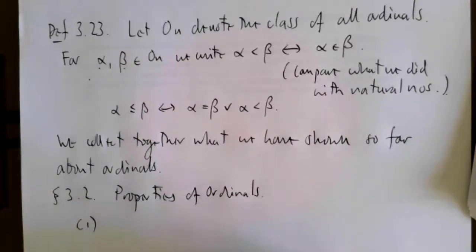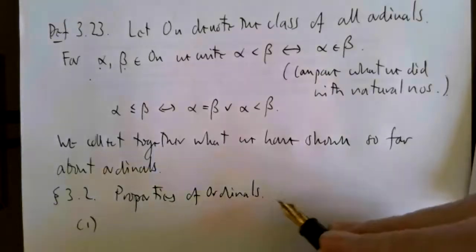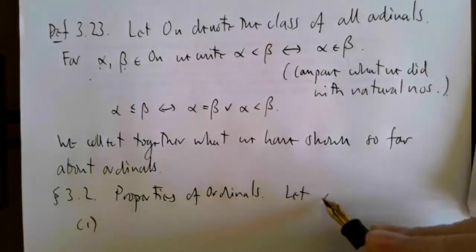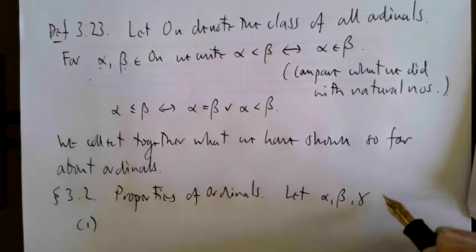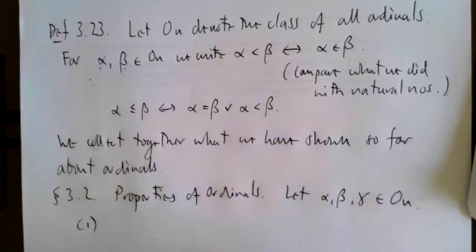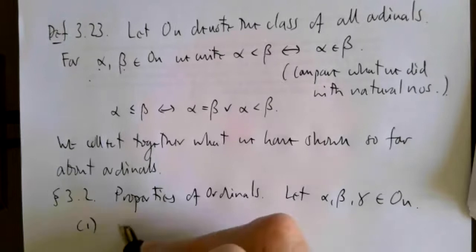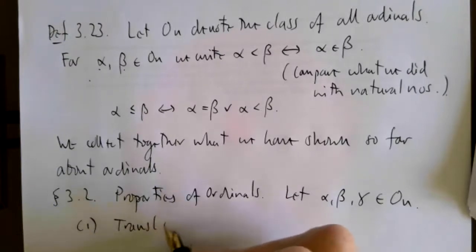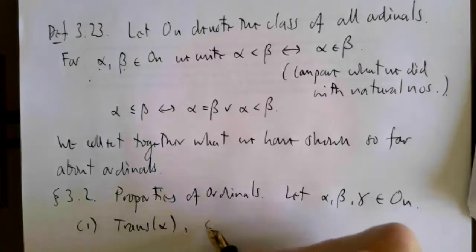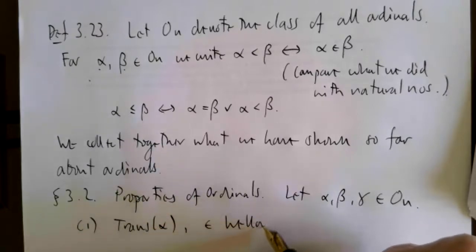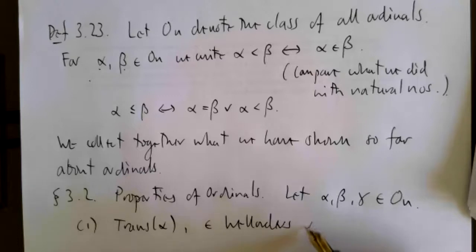So let's consider this. So let's take alpha, beta, gamma as ordinals. Each ordinal we know is transitive, and epsilon well orders any ordinal.